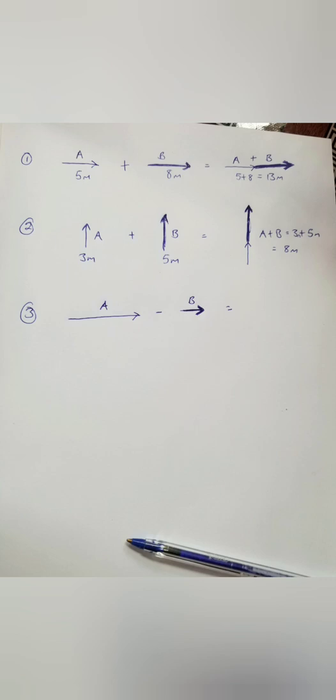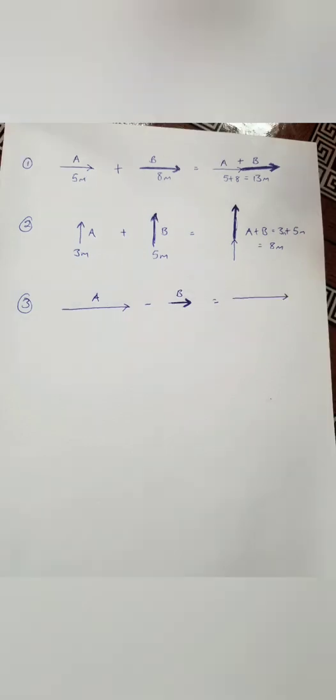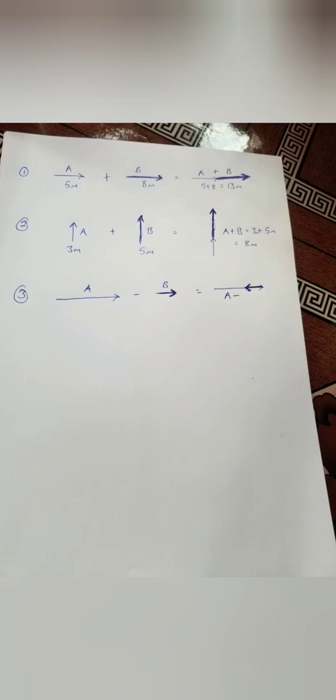So if you had, say, vector A minus vector B, you draw vector A the way it is, in the same direction in which it originally was supposed to be, and you take vector B and turn it in the opposite direction. Because it has a minus sign in front of it, you can take it that it's going to change direction.